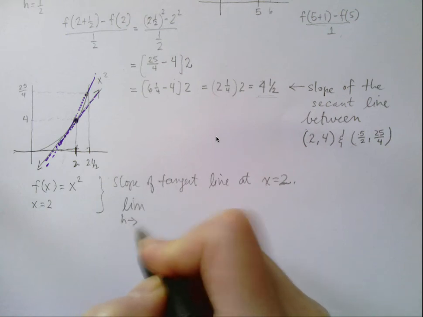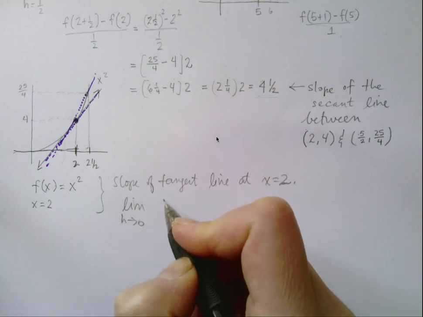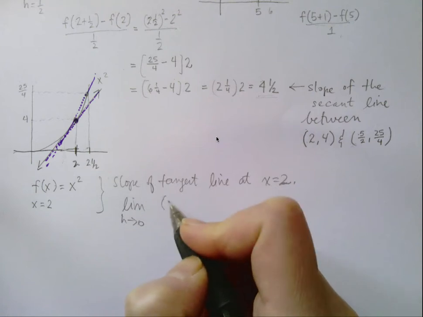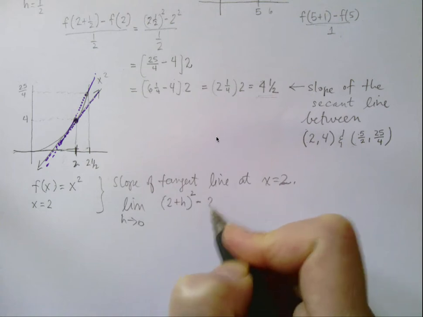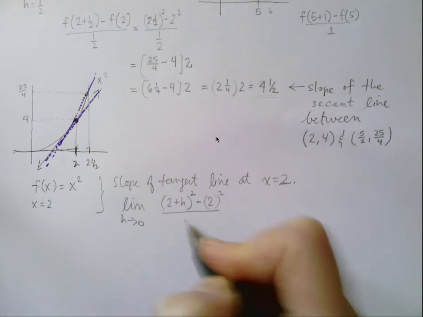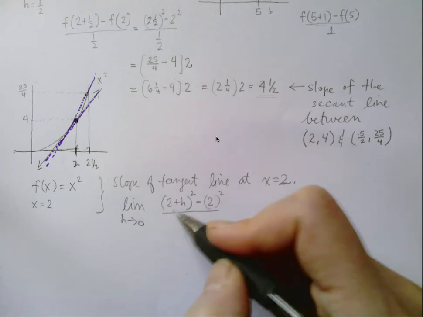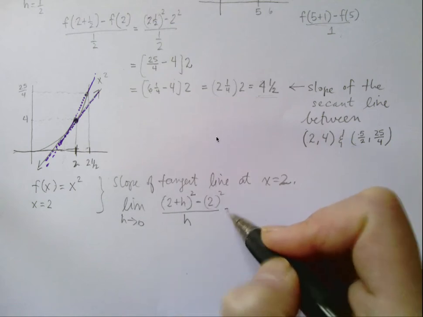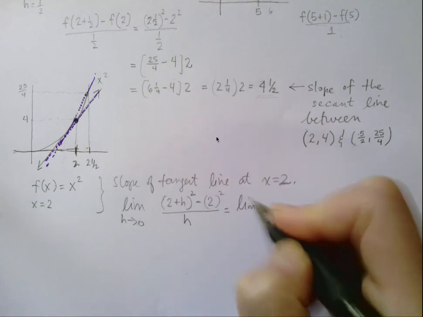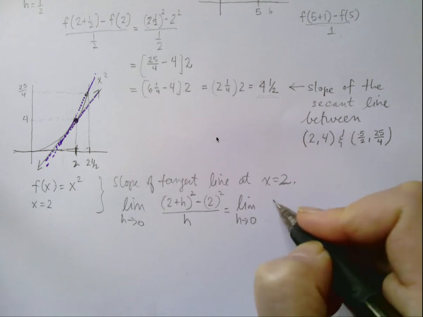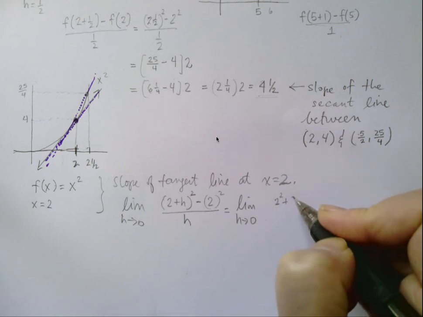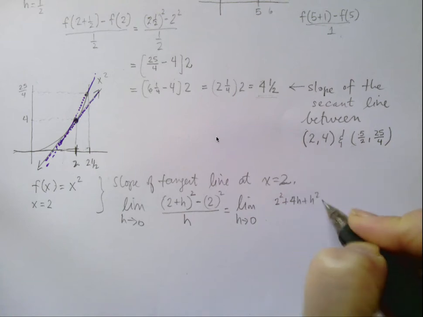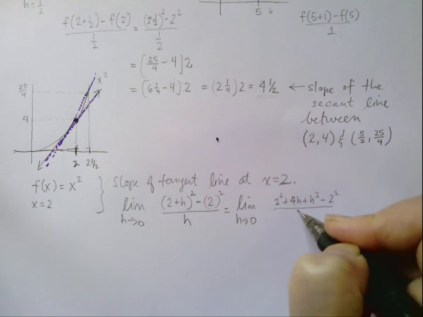It's the limit as h goes to 0 of 2 plus h squared minus 2 squared over h, because that's the definition of the derivative. That is the limit as h goes to 0 of 2 squared plus 4h plus h squared minus 2 squared all over h.